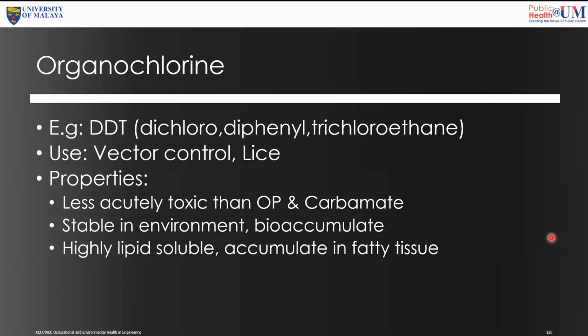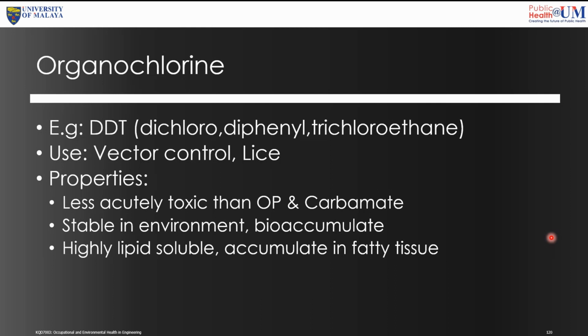We spray it on the surface of the house so that we can prevent malaria, because the Anopheles mosquito carries malaria, and we want to reduce the Anopheles mosquito. The mosquito is what we want to control.